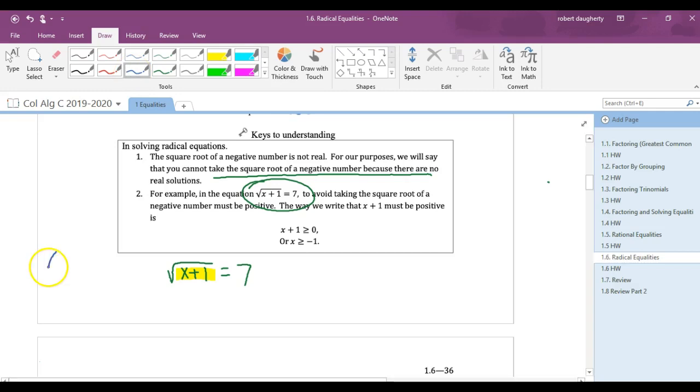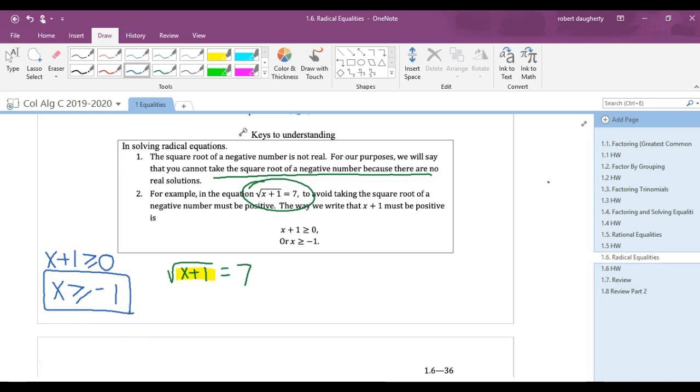It's got to be positive. So x plus 1 has to be greater than or equal to 0. That's the only way this is true, because if it's less than 0, this is undefined. That means x has to be greater than or equal to what? Negative 1. Okay, so that is my restriction on a square root problem.